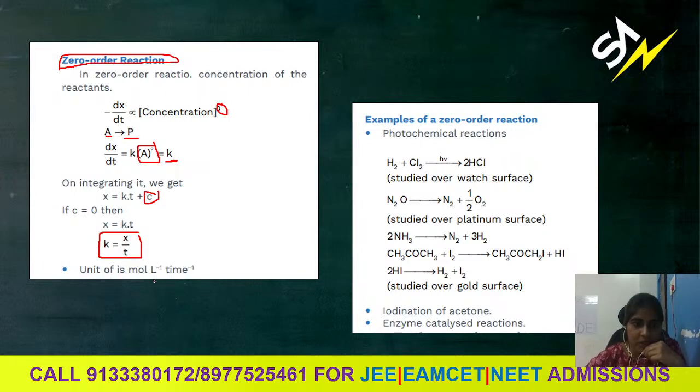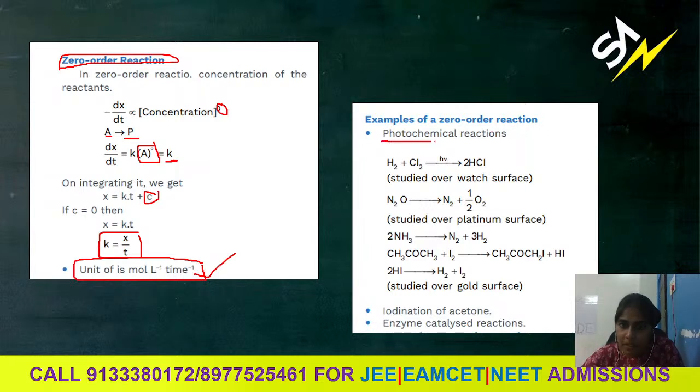The units are mole per liter for concentration, and for time it is second inverse, because it is in the denominator. For every order of reaction, it is most important to remember the units. There will be some questions asking on the units of the rates of reaction. So remember this.